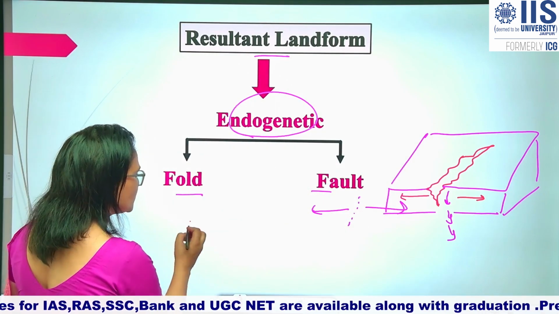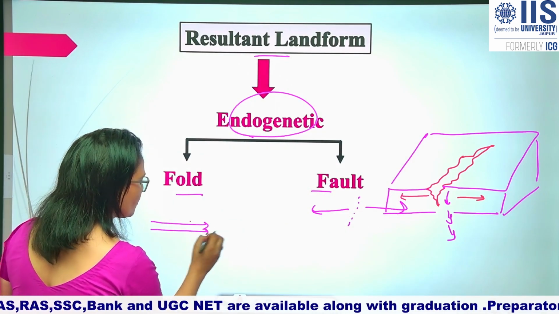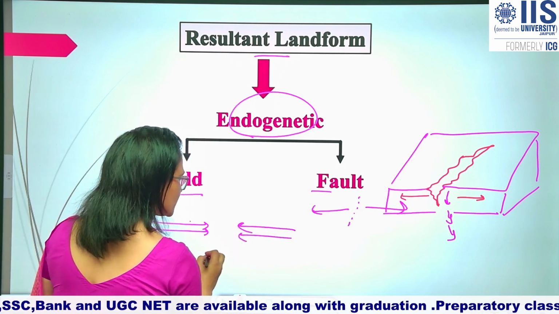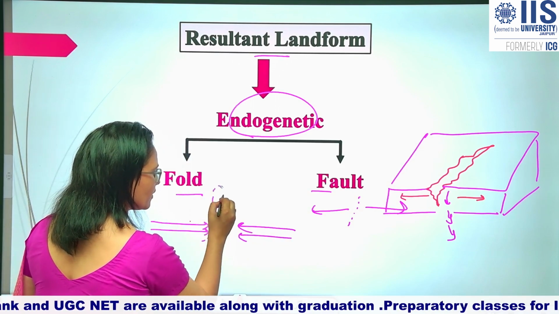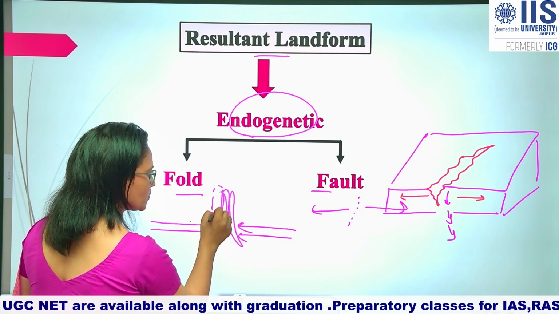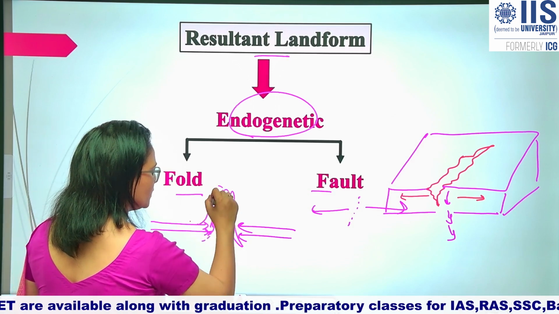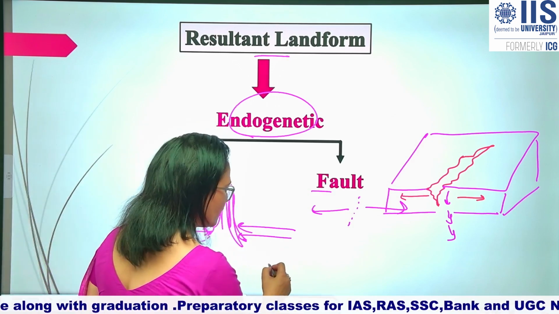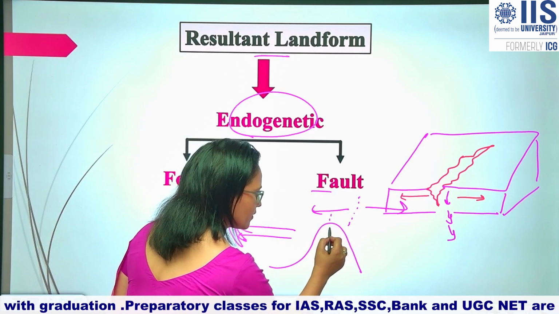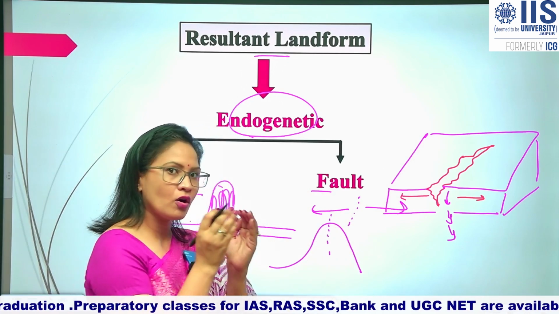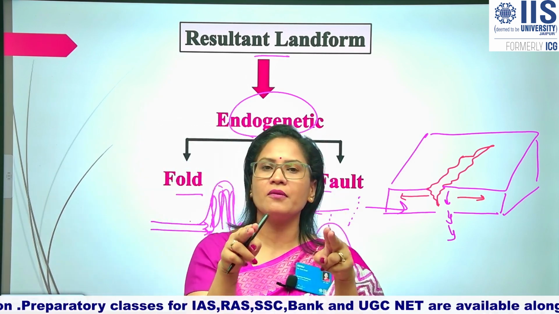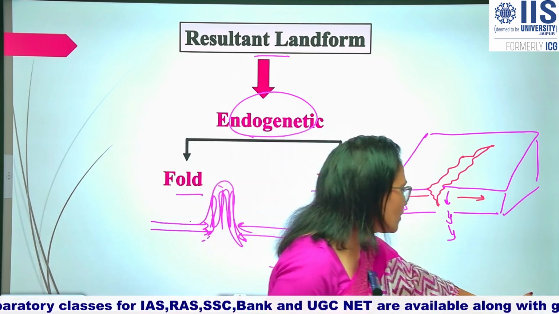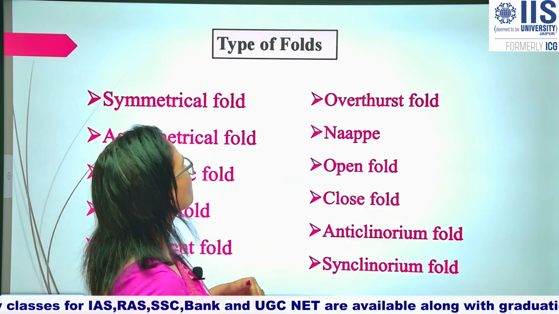And in folds, it means that if the forces are moving towards each other, then the central part will be crumpled down in this way. Folds can occur on an axial plane, a plane along which both limbs are bent downwards. We have different types of folds, right?